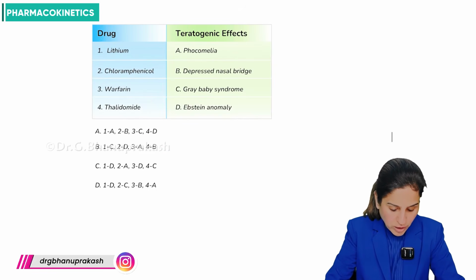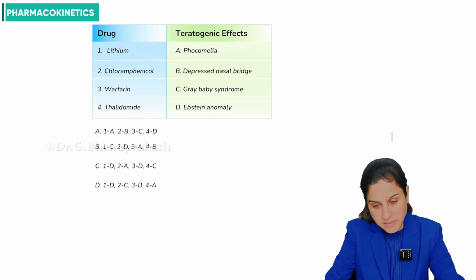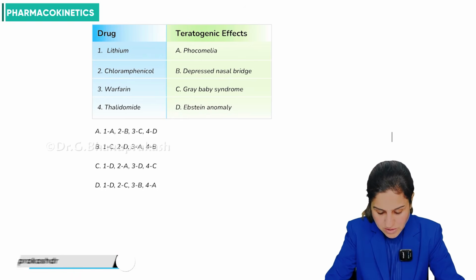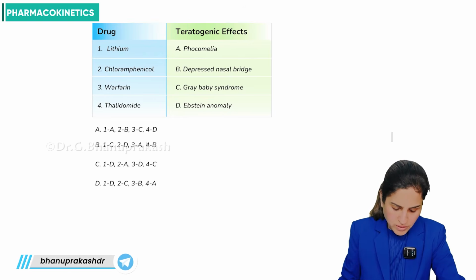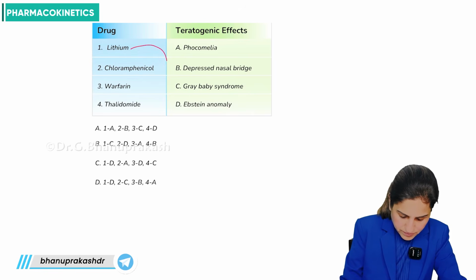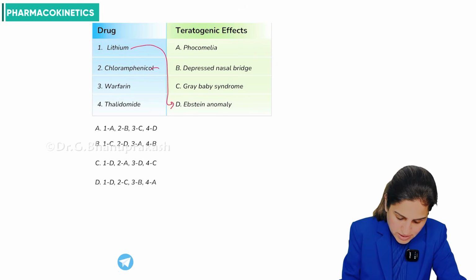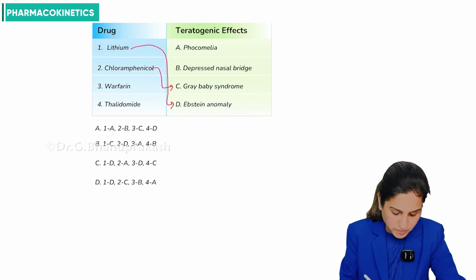Match the following teratogenic drugs with their associated teratogenic effects. So lithium, chloramphenicol, warfarin, thalidomide, compared with phocomelia, depressed nasal bridge, gray baby syndrome, Ebstein anomaly. So here you see lithium can cause Ebstein anomaly, a cardiac defect. Chloramphenicol causes gray baby syndrome.